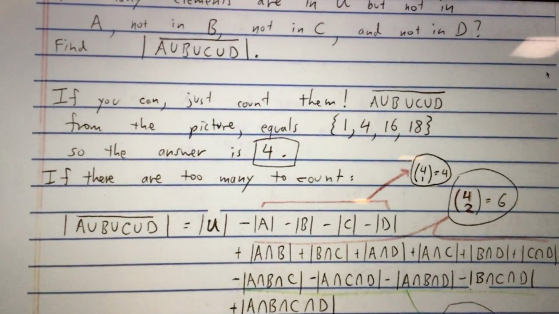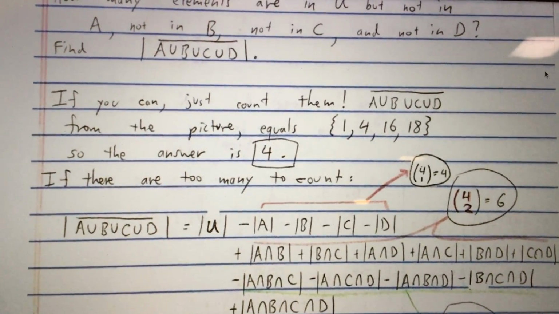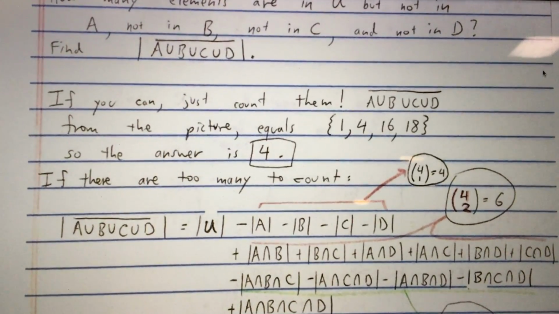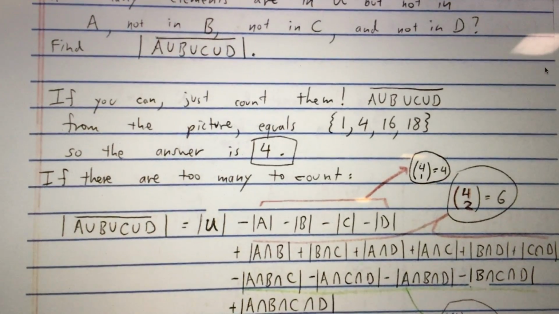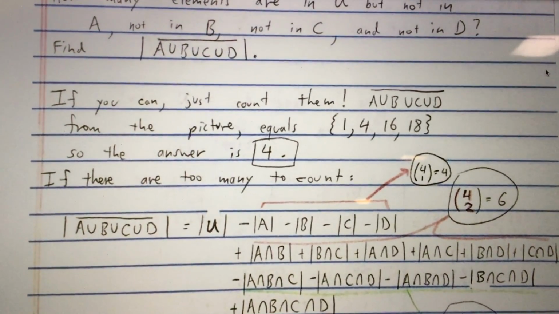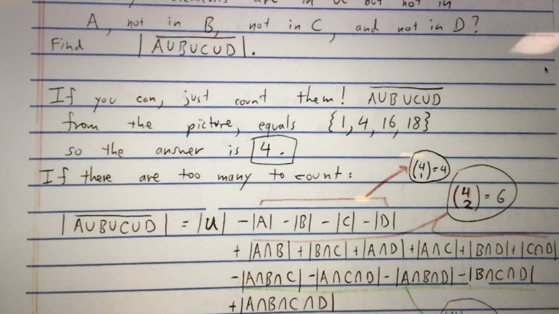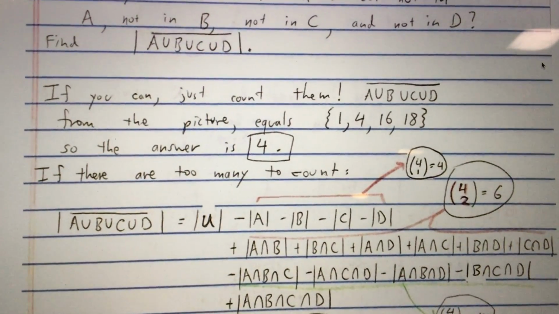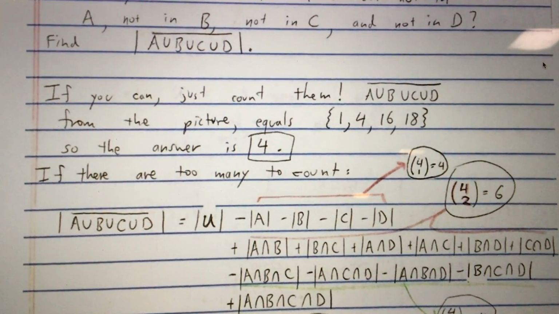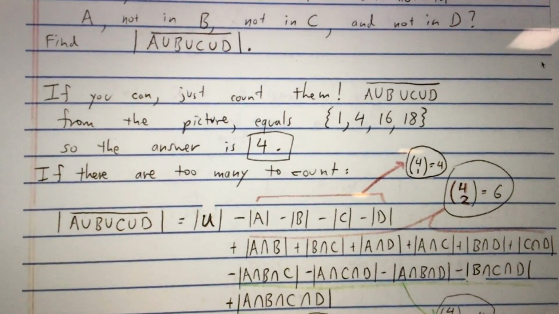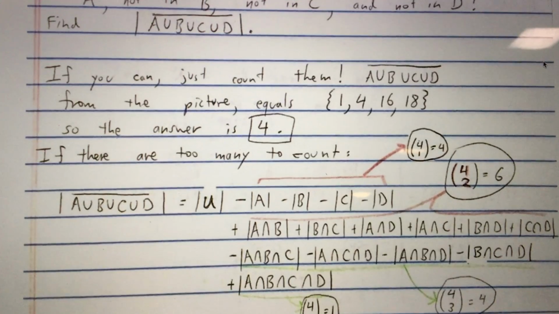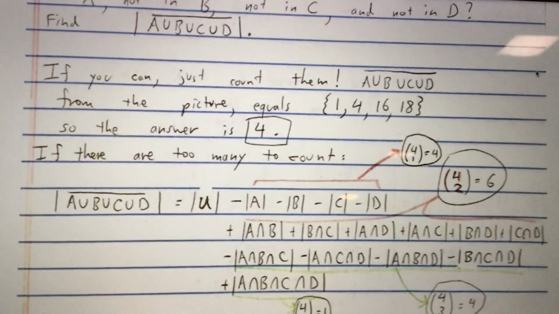So this is again where what we call inclusion-exclusion comes in, because first we include everything. So we include the whole universe U, and then we try to exclude each of the sets that we don't want to count. So we subtract the number of things in A, B, C, and D. Then we've subtracted too much because they overlap.